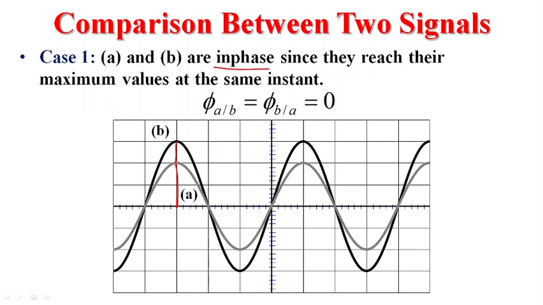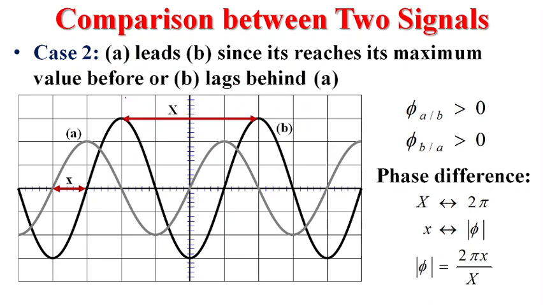Two signals are in phase if they reach their maximum value at the same instant, and the phase difference between these two signals is zero, no phase difference. They are in phase. The second case, in this case, these two voltages are not in phase.